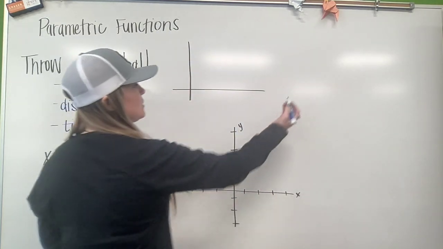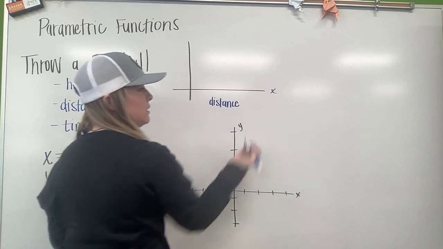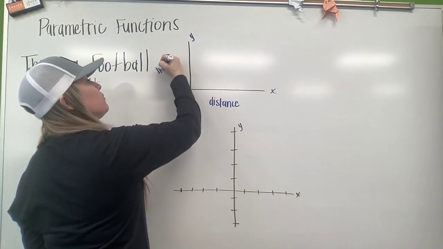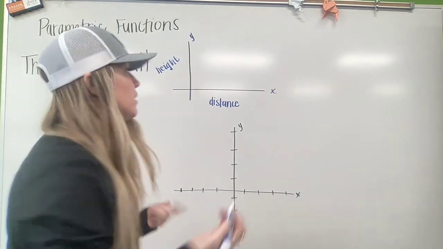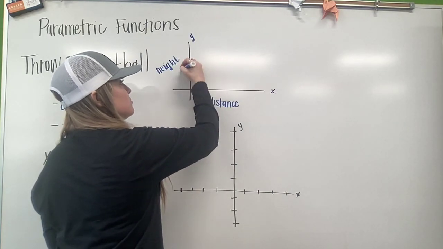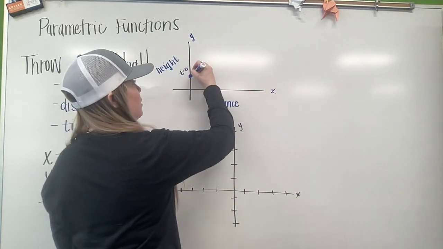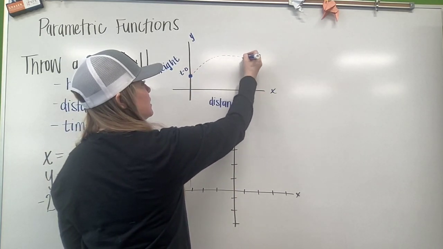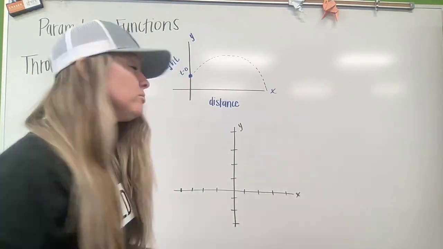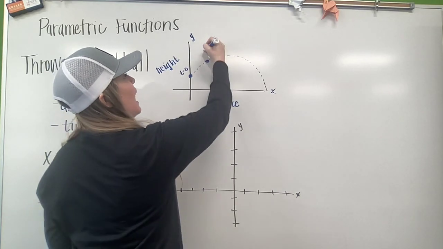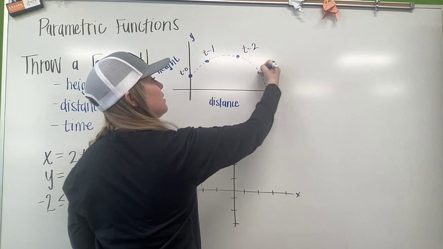Let's say our x value is the distance that the football is moving, and for our y, we'll refer to this as height. Let's say at time 0, I'm holding the football, so I'm here. This is at t equals 0. Now I throw the football. That football is going to go up, then it's going to keep going, and let's say the pass is dropped, so it goes to the ground.